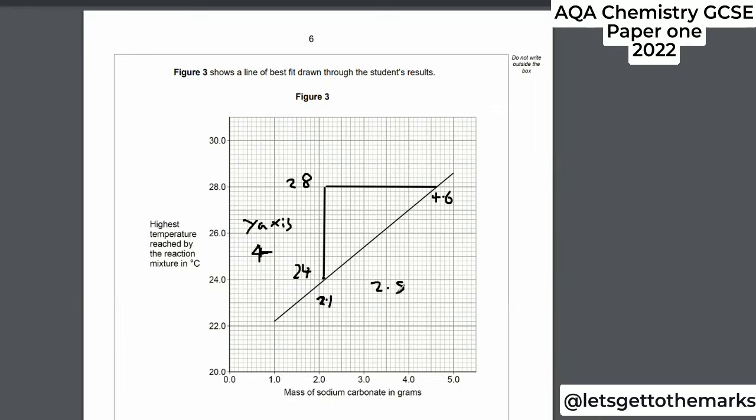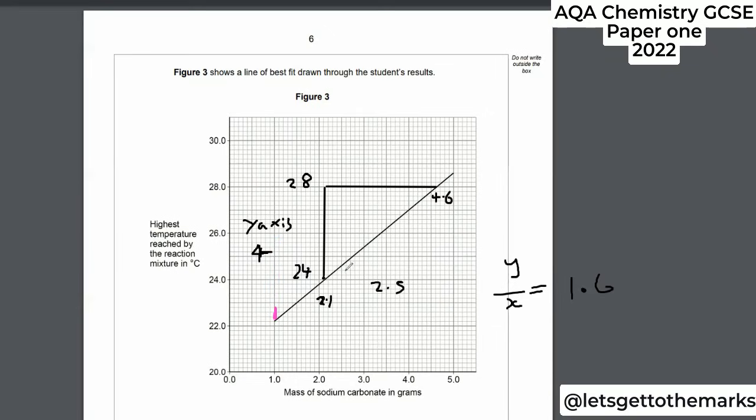What we're going to do now is y-axis over x-axis: 4 divided by 2.5, and that equals 1.6. You can pick anywhere you want.